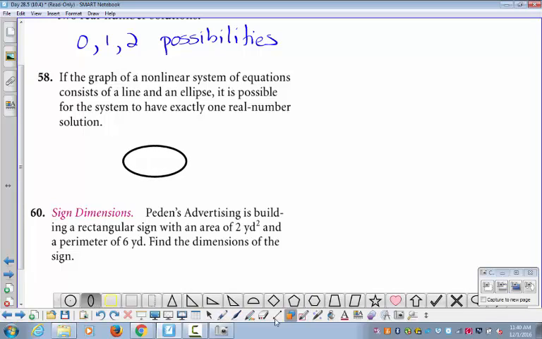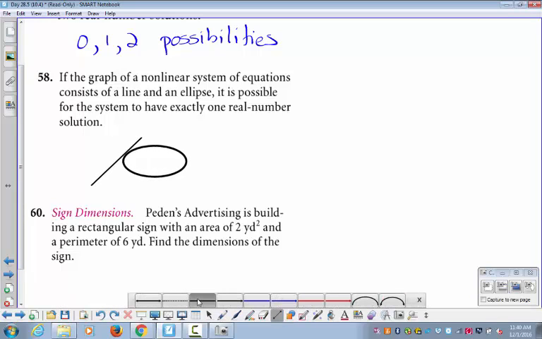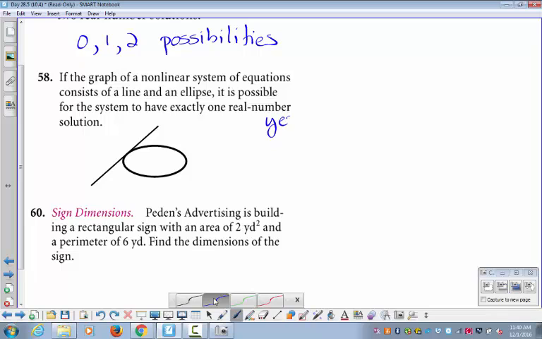We have an ellipse, and a line that meets it in just one place. Lots of options. And we have the same types of possibilities with this one. We could have 0, 1, or 2 solutions, depending on how the line meets the parabola, or it doesn't meet it.